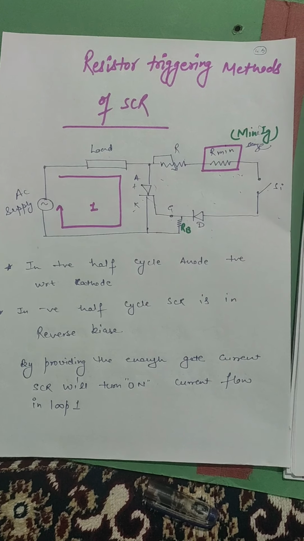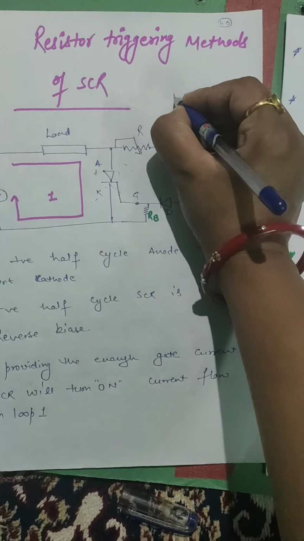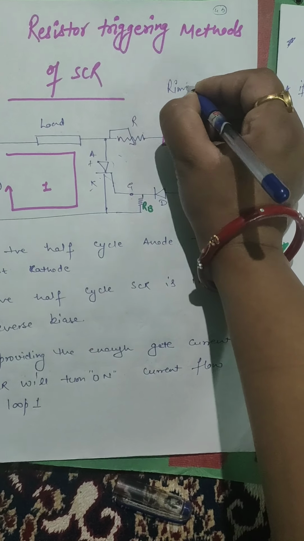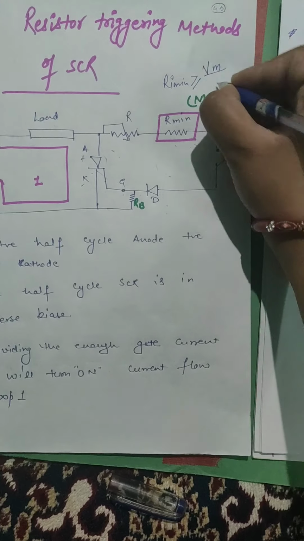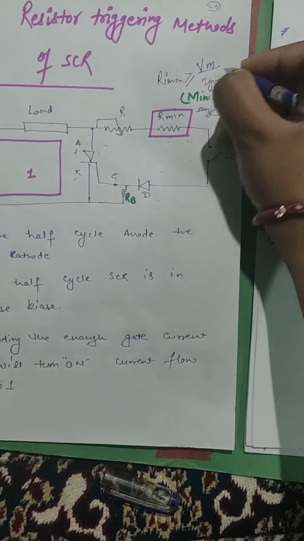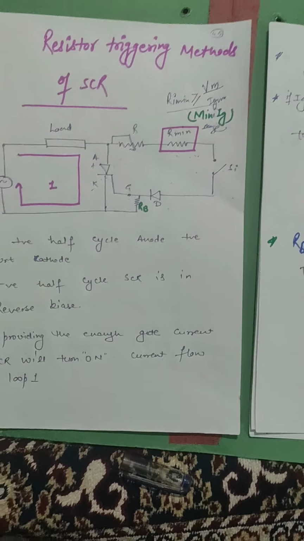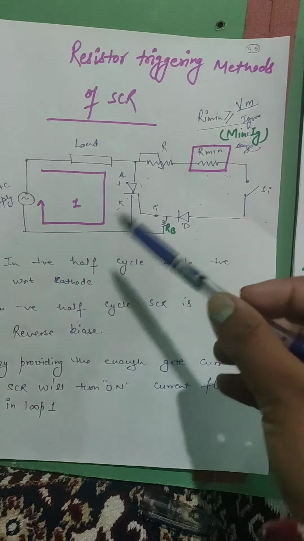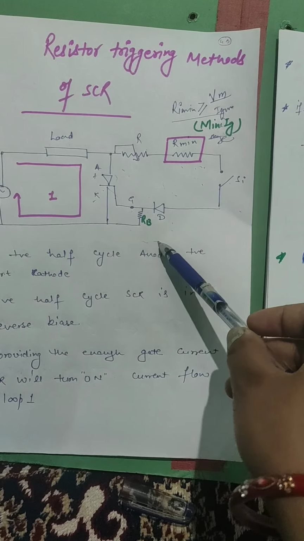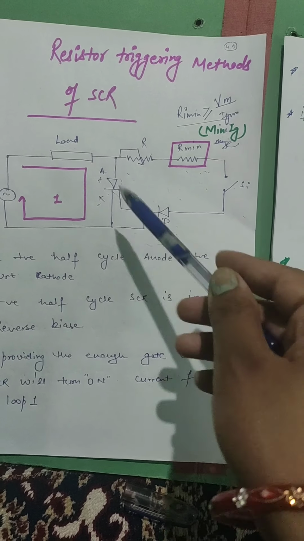To limit the gate current, R minimum should be less than or equal to V maximum upon maximum gate current. The value should be this. And RB is used to stabilize the gate resistance.